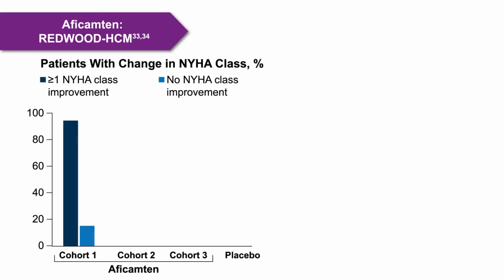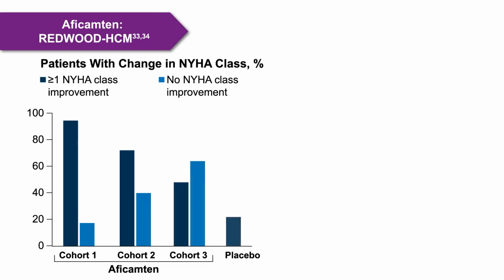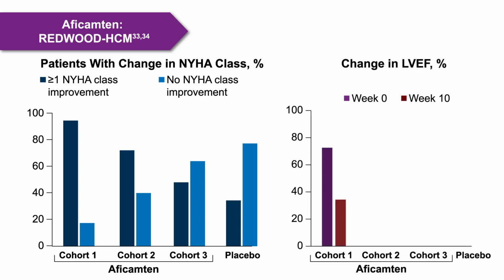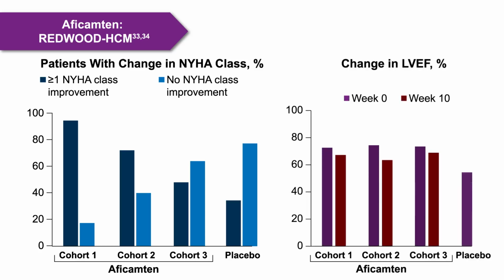Aficamten has been shown in phase 2 trials to improve symptoms, again with reductions in NYHA class in a dose-responsive manner. It too is associated with a change in left ventricular ejection fraction, but as with mavacamten, this change was very small. Together, the trial data suggest that cardiac myosin inhibitors are a new and effective therapy for patients with obstructive hypertrophic cardiomyopathy.